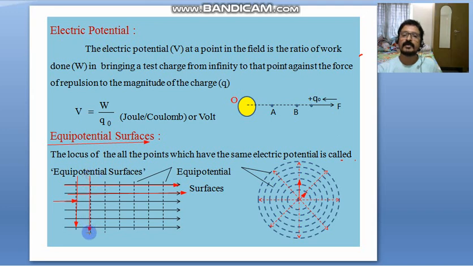Similarly, we have another value of electric potential which is the same on every point of another line. These lines are also called equipotential surfaces. So equipotential surfaces are the surfaces which have the same value of electric potential.